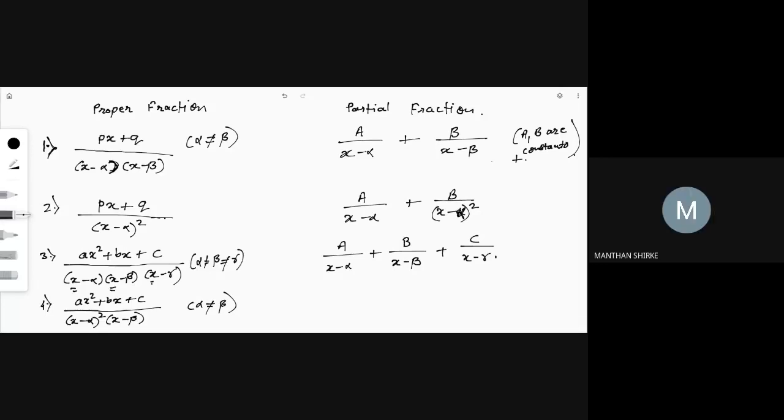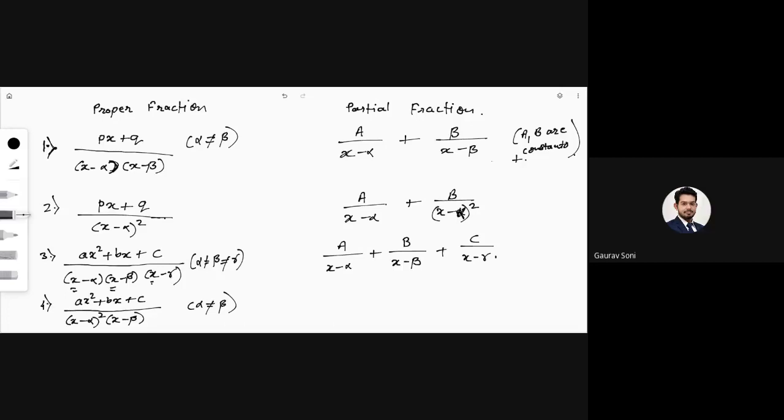A plus B upon x minus alpha square and C upon x minus beta? No, no. So A upon x minus alpha plus B upon x minus alpha square plus C upon x minus beta.